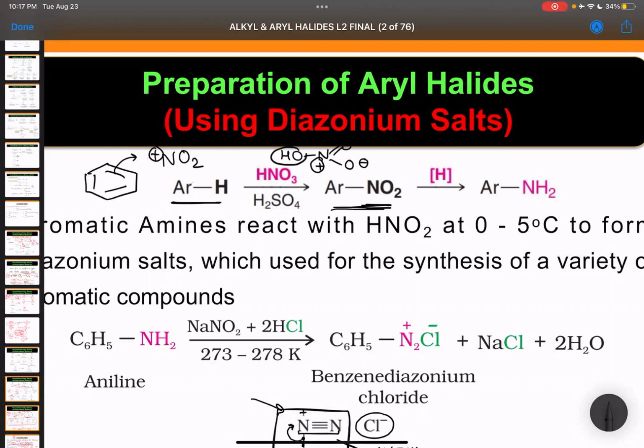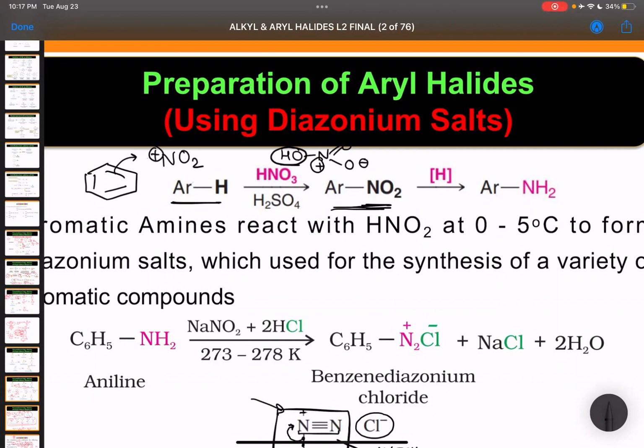If I can somehow remove this OH group along with the electron pair, I will get NO2 plus. We did the same thing for chlorine. We generated chlorine plus by removing one chlorine atom along with its electron pair. Cl minus was removed, so we were left with Cl plus. That Cl plus started the reaction with benzene.